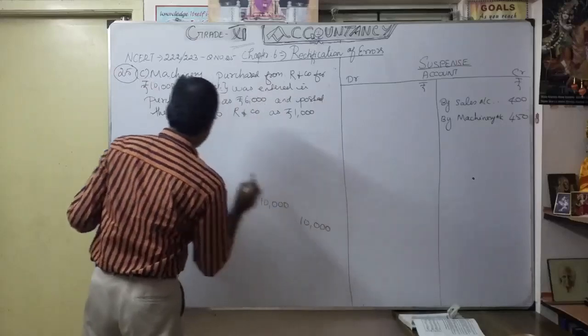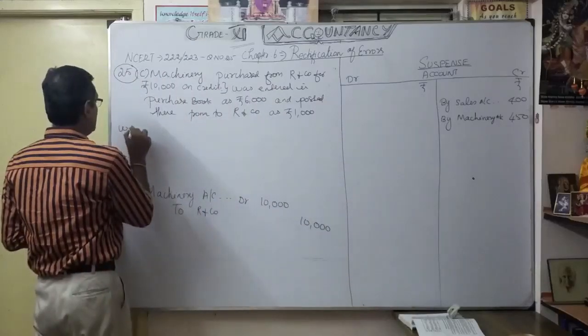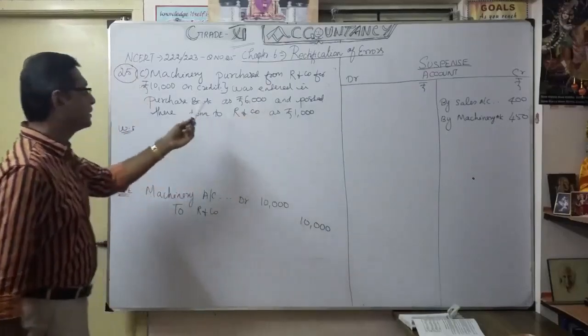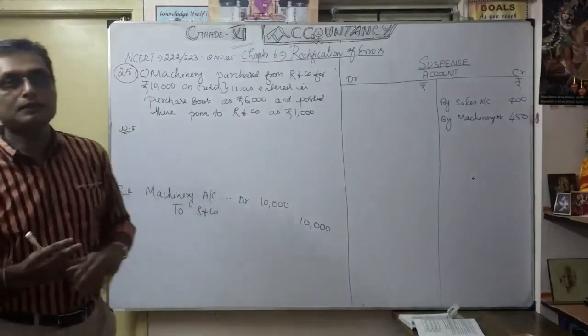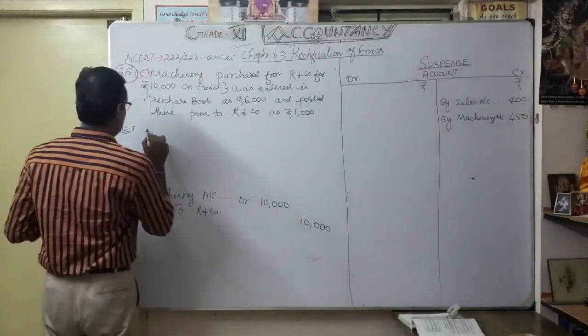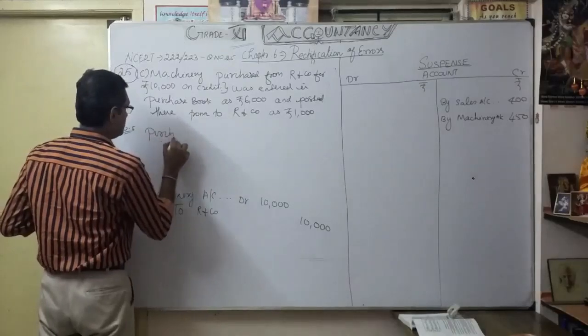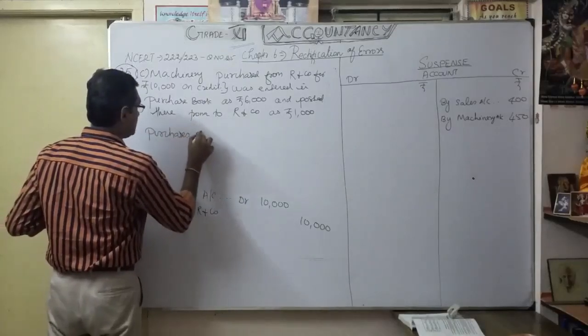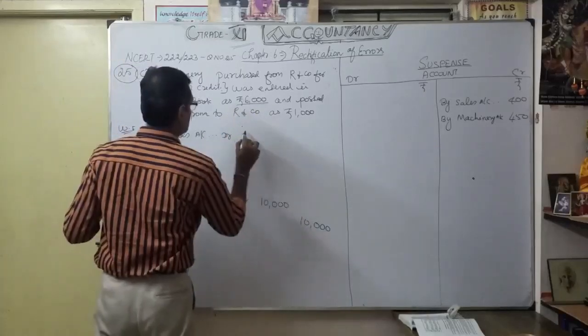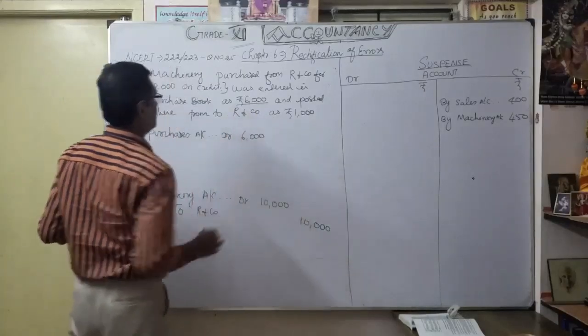So what is the wrong entry? Now you can understand. It was entered in the purchase book. So what type of error again? Error of principal. They debited the purchases account with 6,000. That is the first mistake.